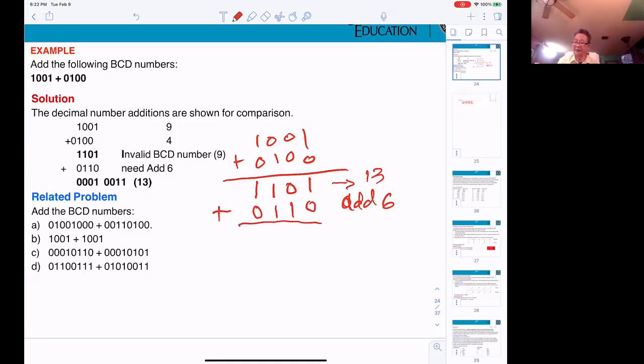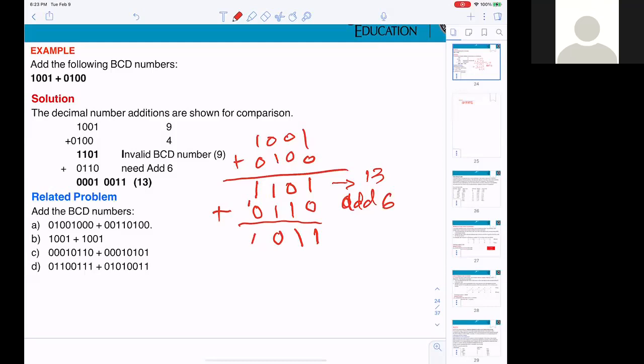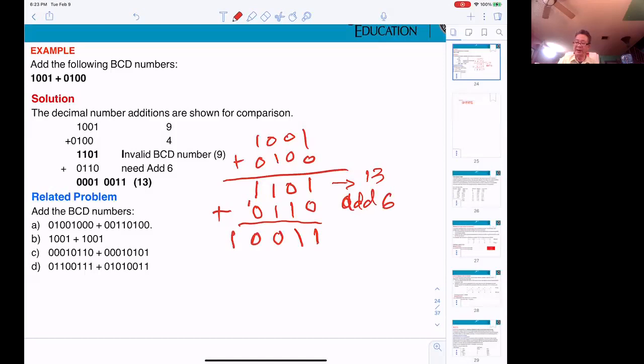Adding again. 1, 0, 1, 1, 1, carry 1. 1 and 1, 0. Adding 0, 0. And carry 1 still here. Okay?